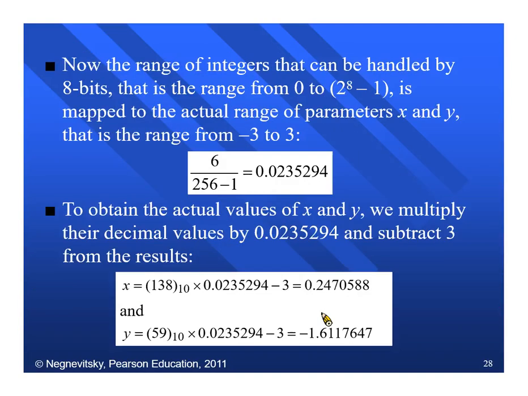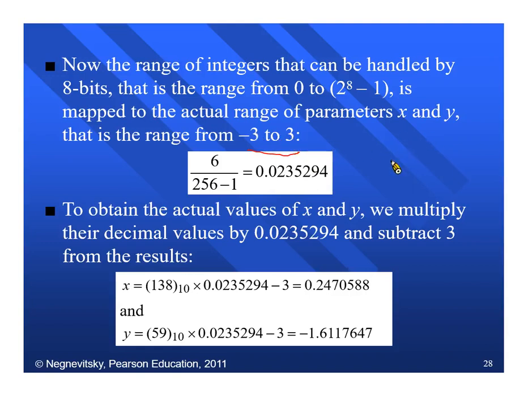Now the range of the integer that can be handled by 8 bits is from 0 to 2 to the order of 8 minus 1, which is mapped to the actual range of parameters x and y respectively. That is the range from -3 to +3.